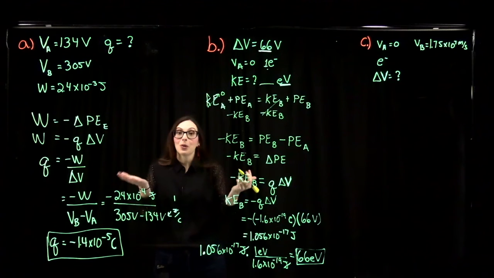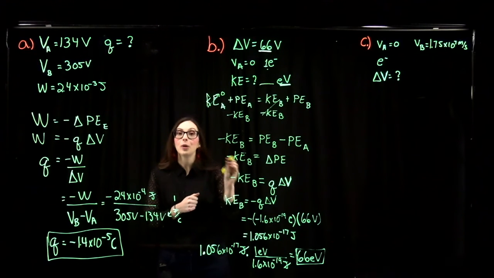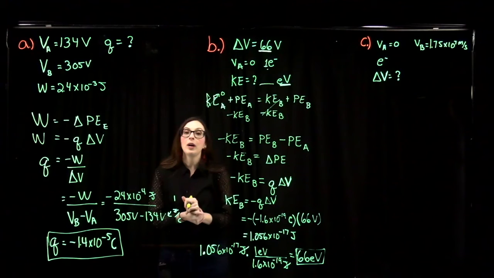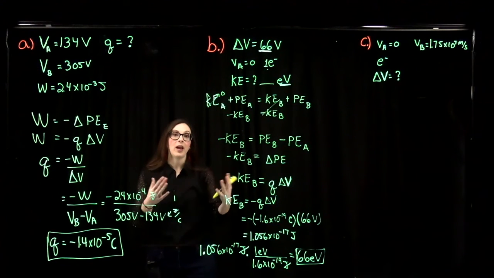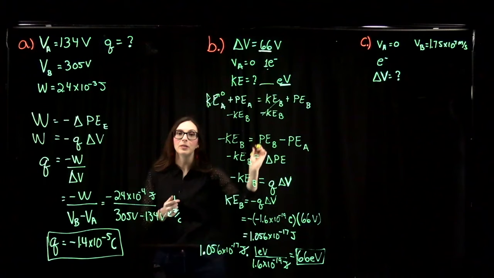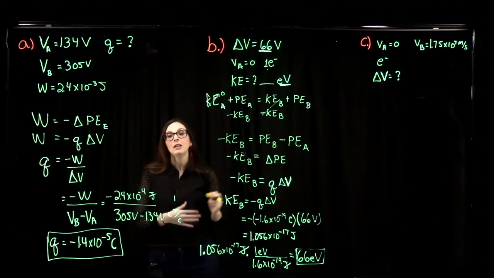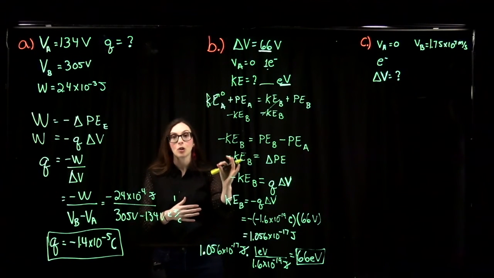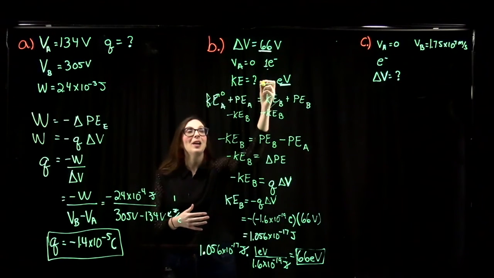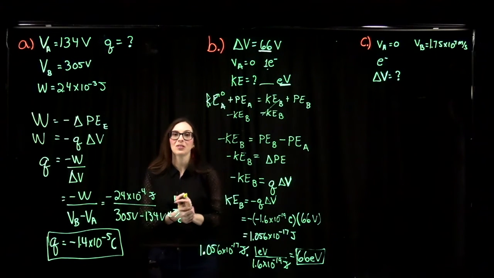The moral of the story for this problem then is that if we are taking a fundamental charge, 1 electron, and we're accelerating it from rest through some potential difference of n number of volts, the kinetic energy of that fundamental charge is then that number n of electron volts.